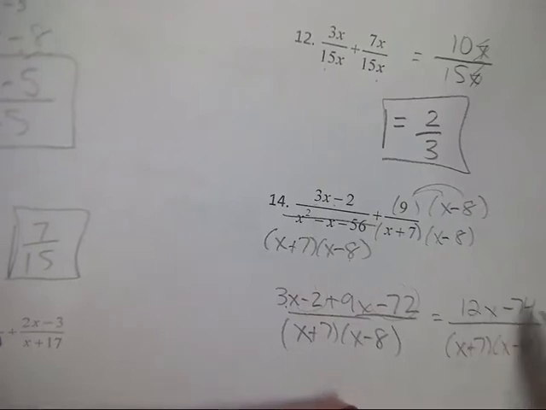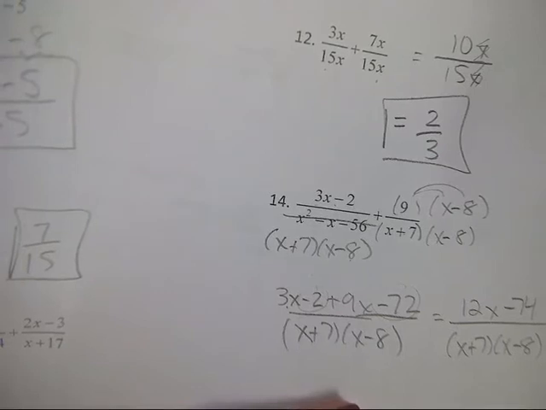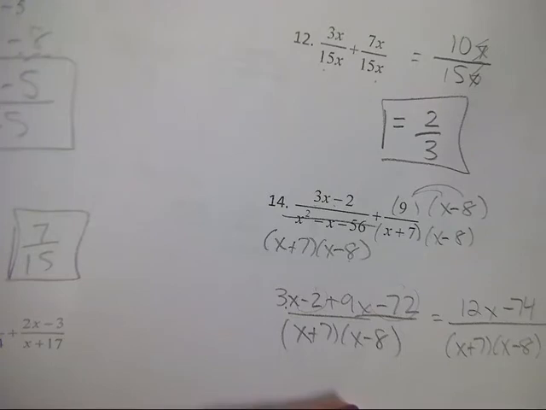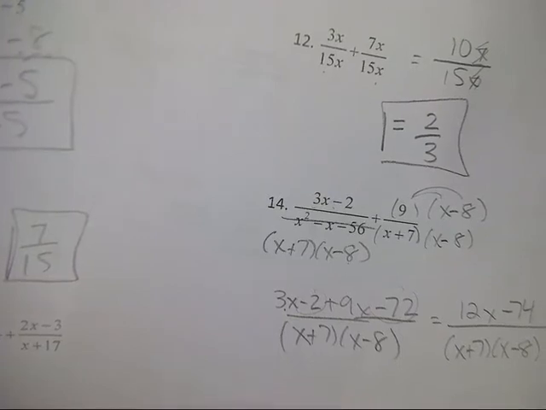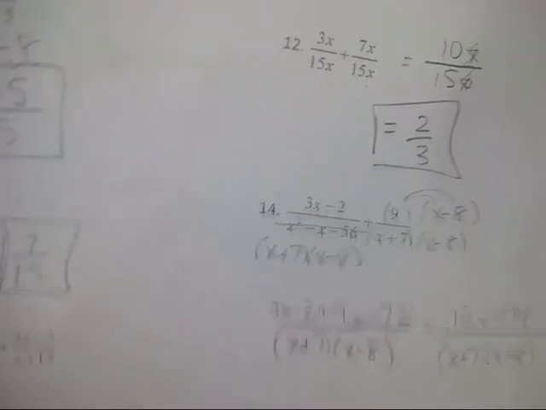Let's see here. I bet you this can simplify some more. It is. 74 divided by 12 is not a thing. Okay, but they're both even, right? 12 divided by 2 is 6. 74 divided by 2 is 37.